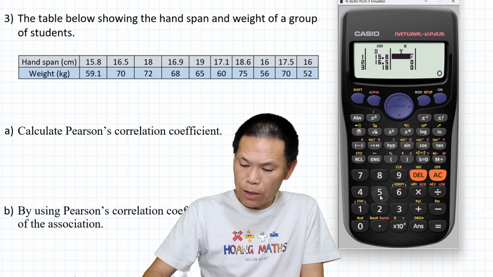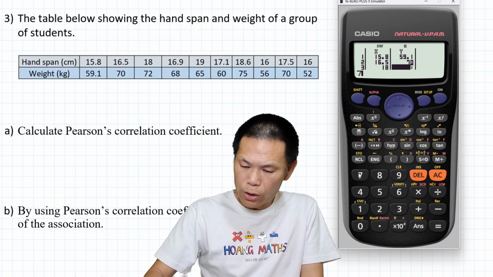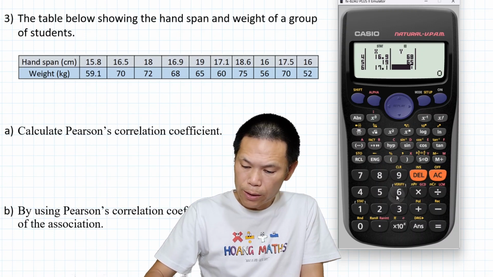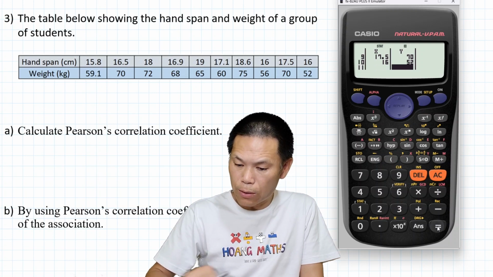So that is 59.1 equal, 70 equal, 72 equal, 68 equal, 65 equal, 60 equal, 75 equal, 56 equal, 70 equal, 52 equal.